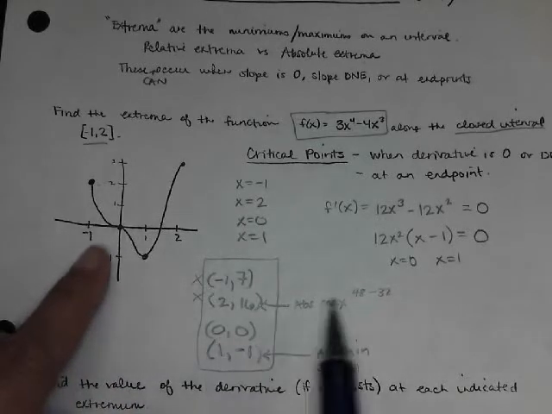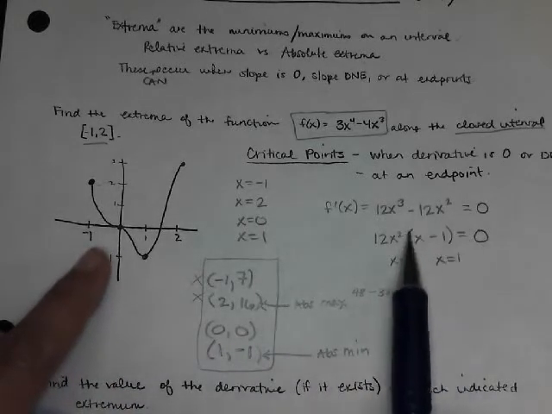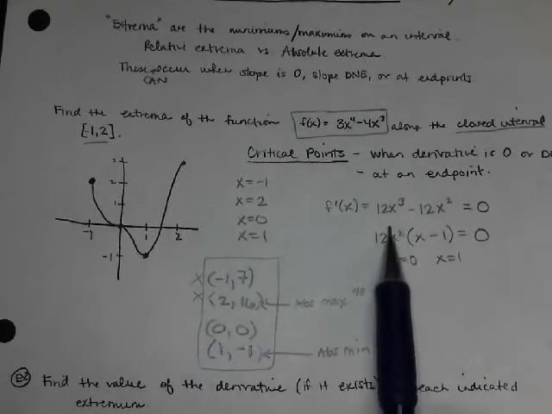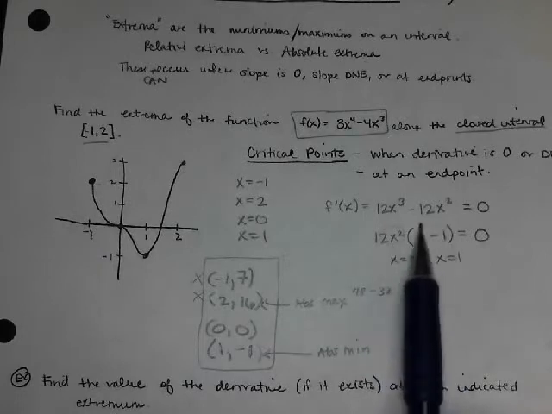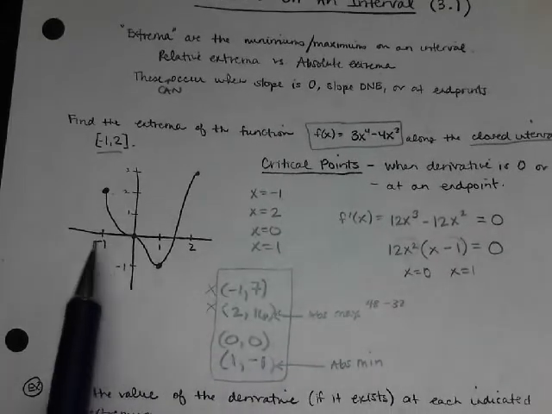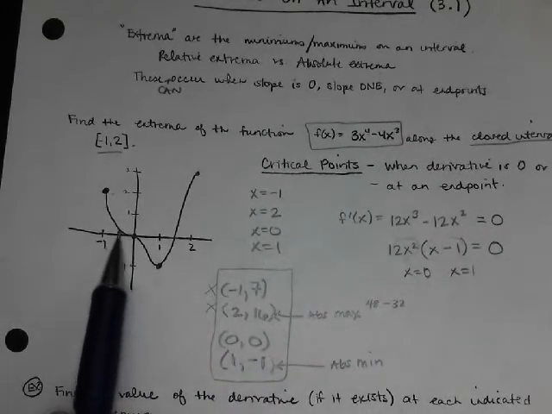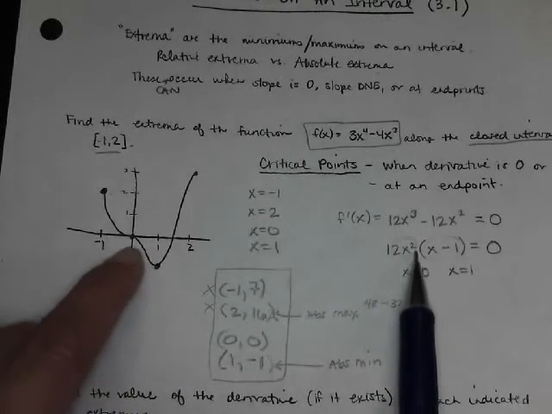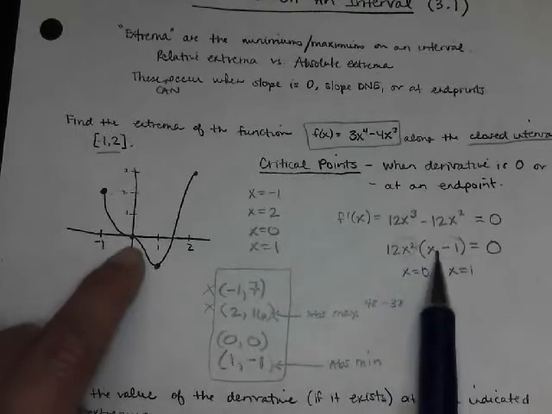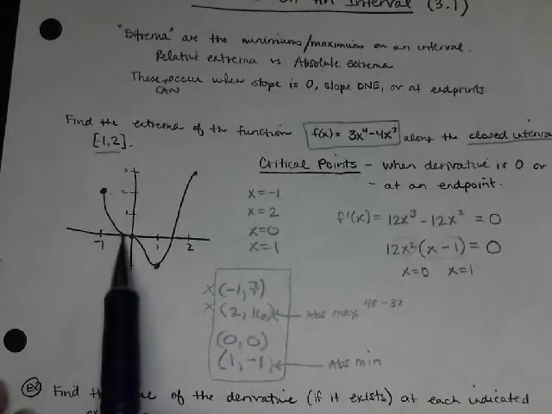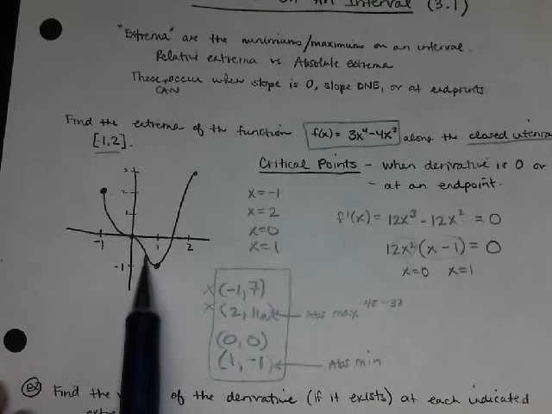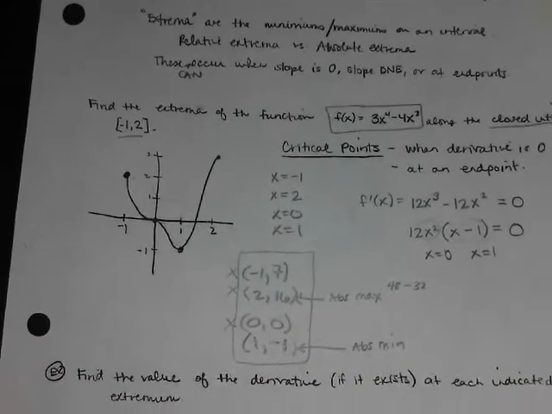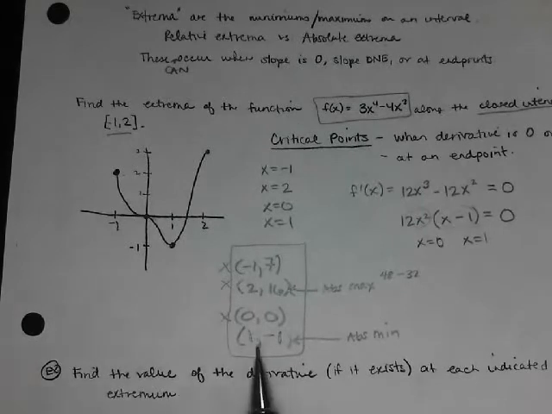If you actually just evaluated your derivative right before 0, at a slightly negative number, you'd get a positive times a negative. So you would know that it's a negative slope prior. And then just after, like at 0.1, you'd still get a positive times a negative. So you know it's decreasing with a negative slope coming in and decreasing with a negative slope coming out. So that could not be a relative minimum for that reason.